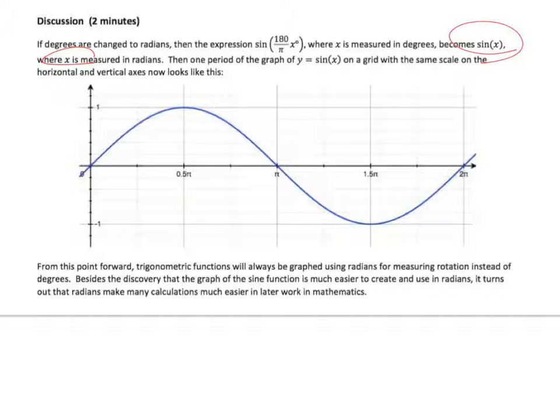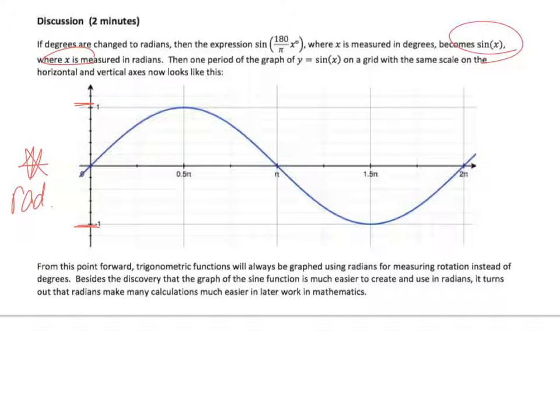Then one period of the graph of y equals sine x on a grid with the same scale on the horizontal and vertical axis now looks like this. Okay, this is when we're now in radians, and we've got about the same scale as everything.